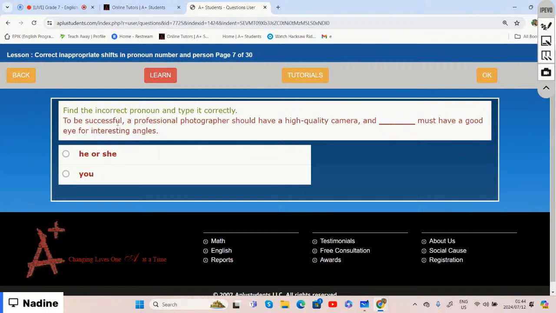All right, so if we want to talk about the professional photographer, one photographer, then we can say he or she.